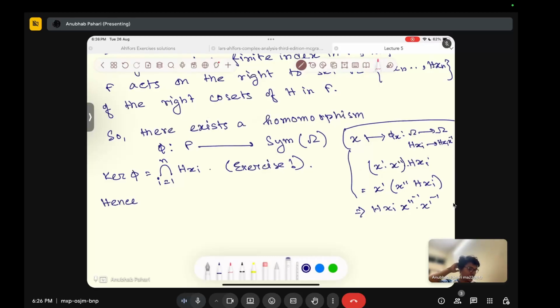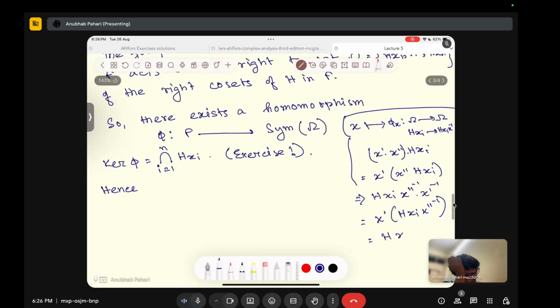So this way you are getting this, and following this you'll see that x prime goes to Hxi x prime inverse, and again this will be Hxi x double prime inverse x prime inverse. Now is it clear? Oh sorry, what did I do?